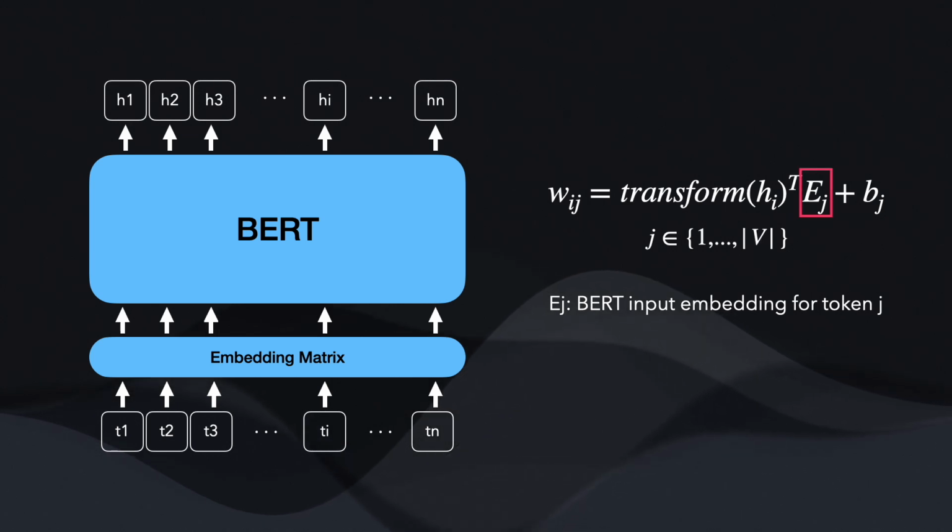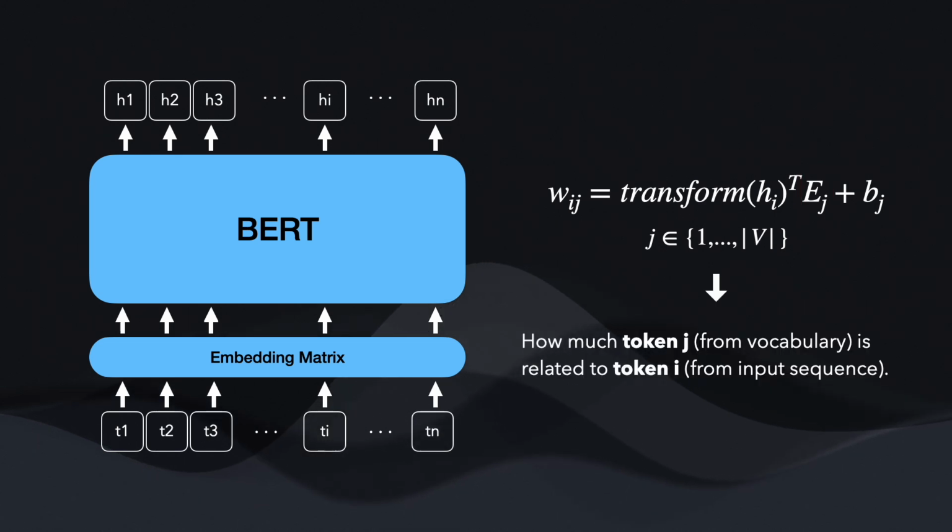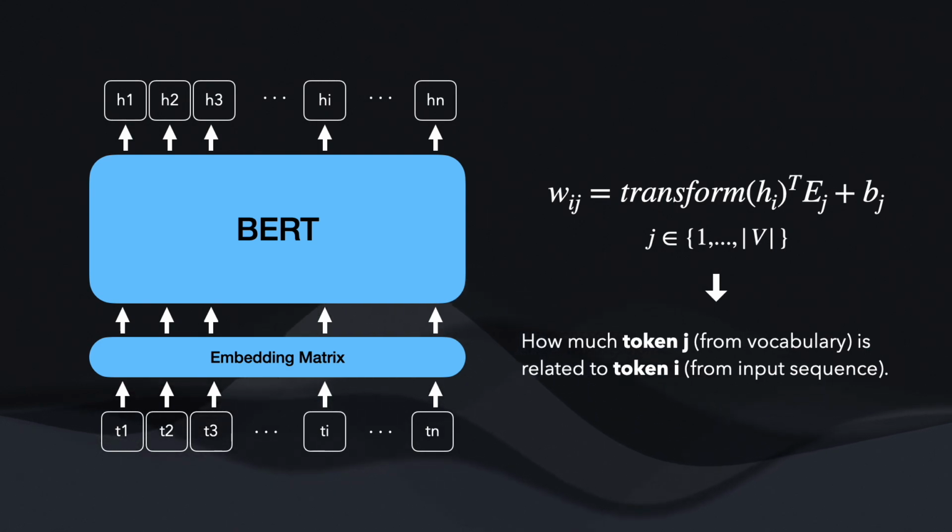In this context, Ej represents the BERT input embedding for token j. Keep in mind that token j could be any word from BERT's vocabulary, which means it could lead to the expansion of words in the sequence.